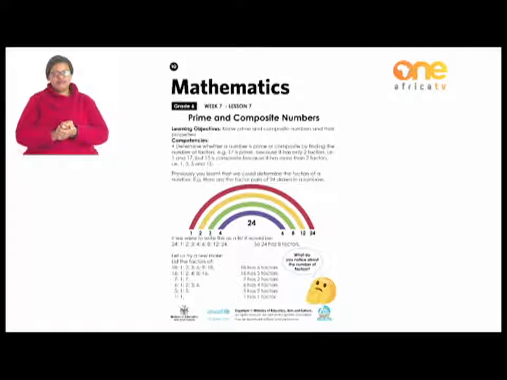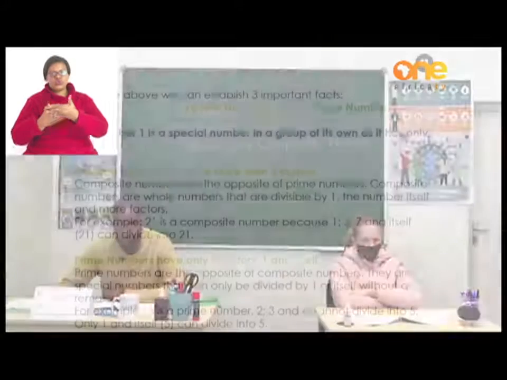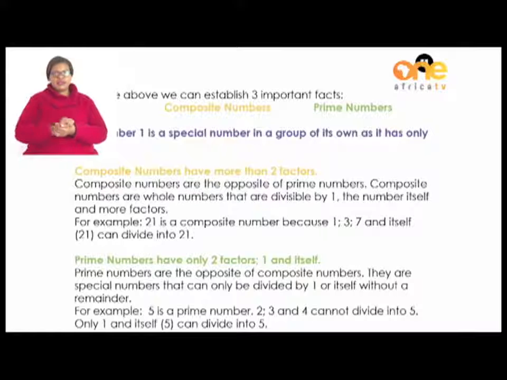Now, if we go on to the next page, which is page 11, it says, from the above, we can establish 3 important facts, or at least from the previous page. First of all, let's talk about the number 1.